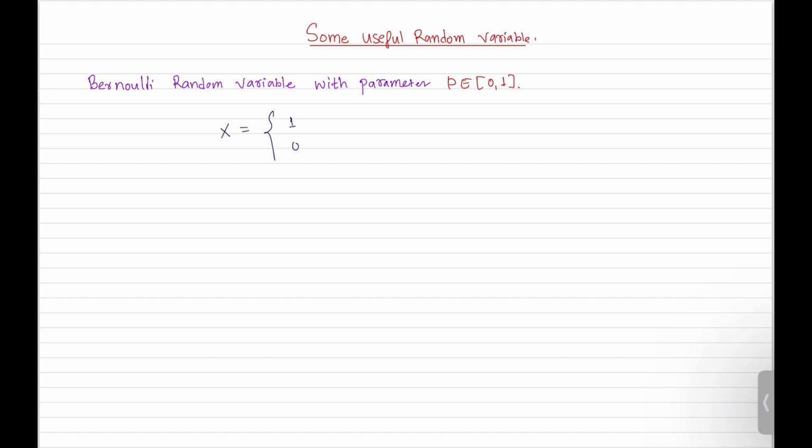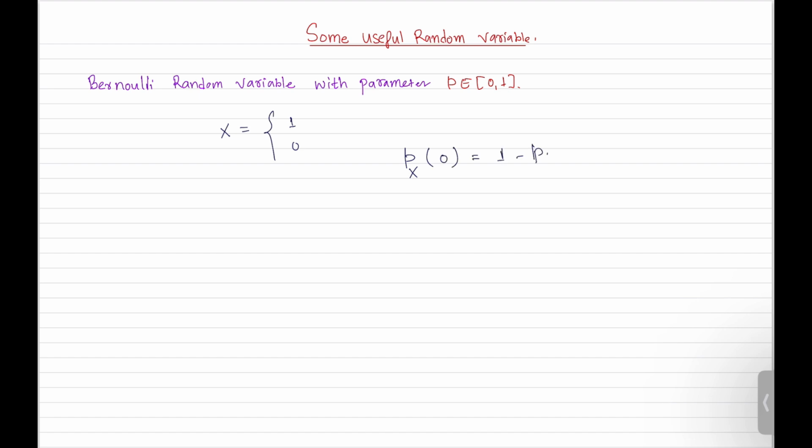Obviously, then 1 minus p will tell you the probability of occurrence when the random variable takes the value 0. So if I have to write this using PMF notation, how can I write it? The probability that random variable X will take the value 0 will be 1 minus p, right?